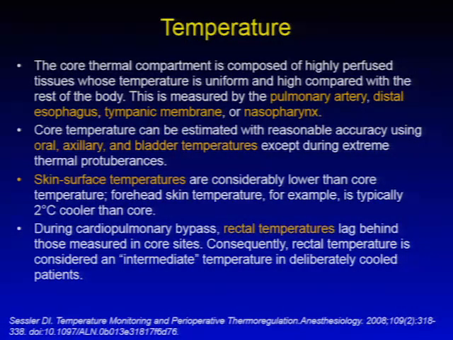Sometimes you measure rectal temperature, but during cardiopulmonary bypass, that temperature lags behind those measured at the core sites. That's the reason rectal temperature cannot be included as a core temperature. Rather, it should be called intermediate temperature.